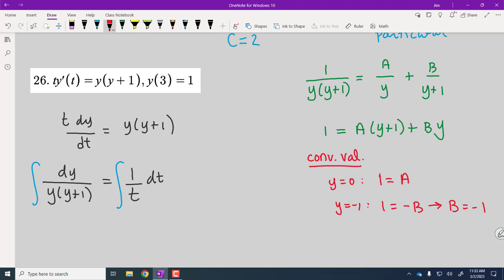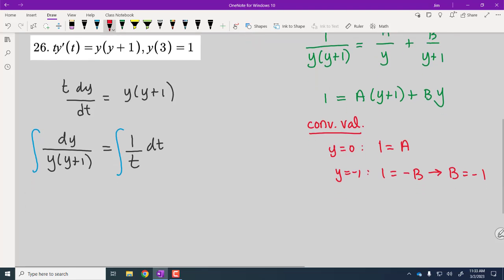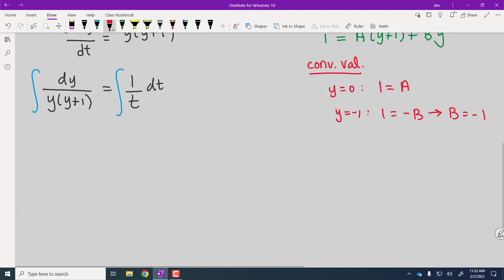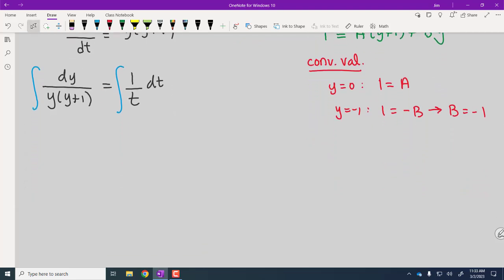So now we know how to rewrite the integrand of the left-hand side over here. So we're going to rewrite this integrand as a, which is 1 over y, and then minus 1 over y plus 1 dy equals the integral of 1 over t dt.